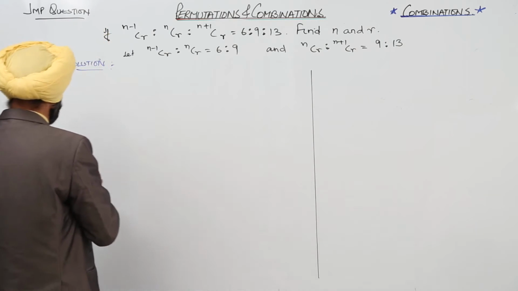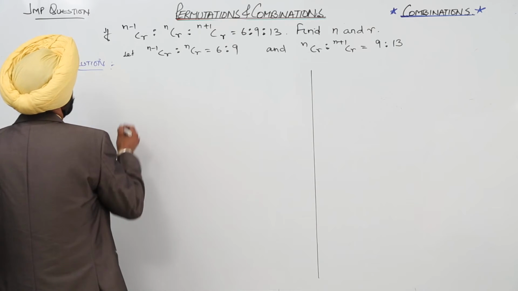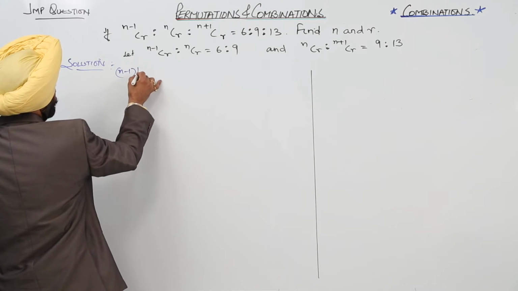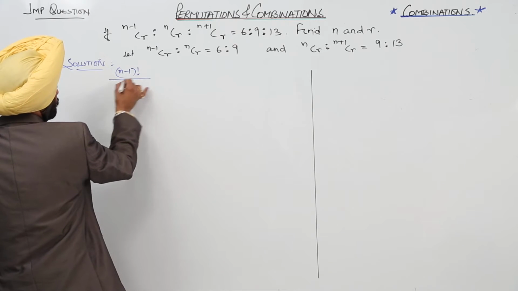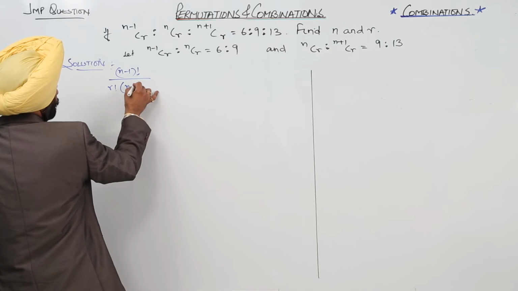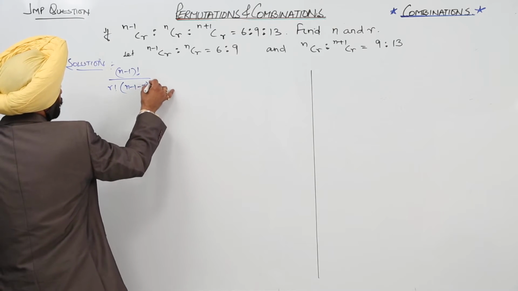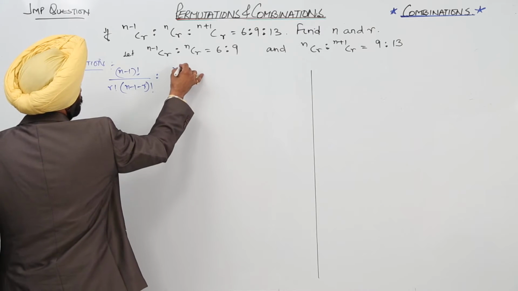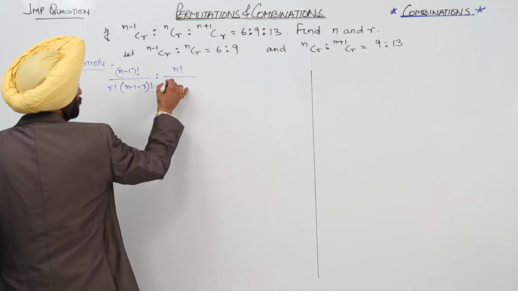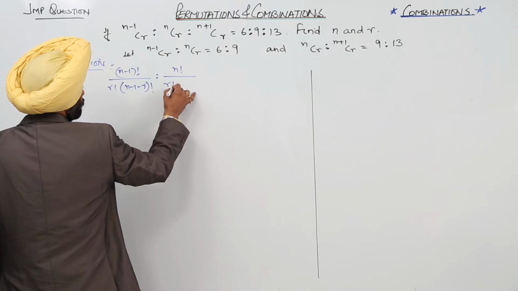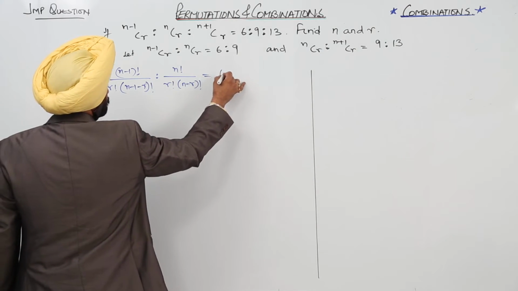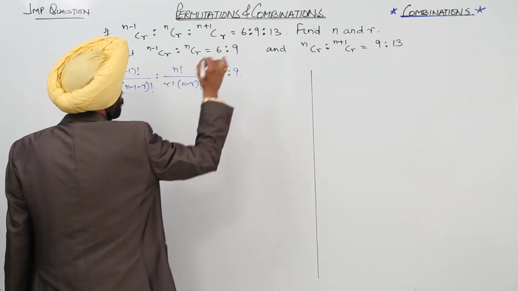Now let's solve it. n minus 1 factorial upon r factorial, n minus 1 minus r factorial, ratio n factorial upon r factorial, n minus r factorial, is equal to 6 ratio 9.